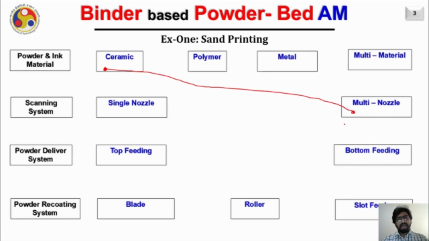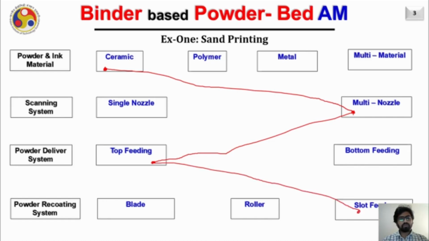In the case of X1's machine, the powder is delivered from top, and that is why the top feeding system is utilized. Also, the recoating of the powder is done through a slot feeder, where a slot is used to dispense the powder material, which we discussed earlier.